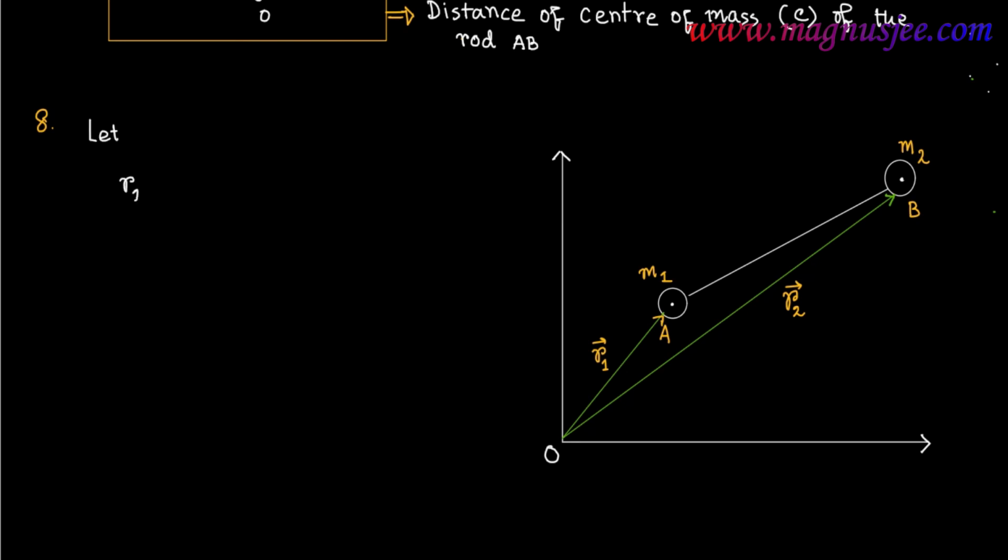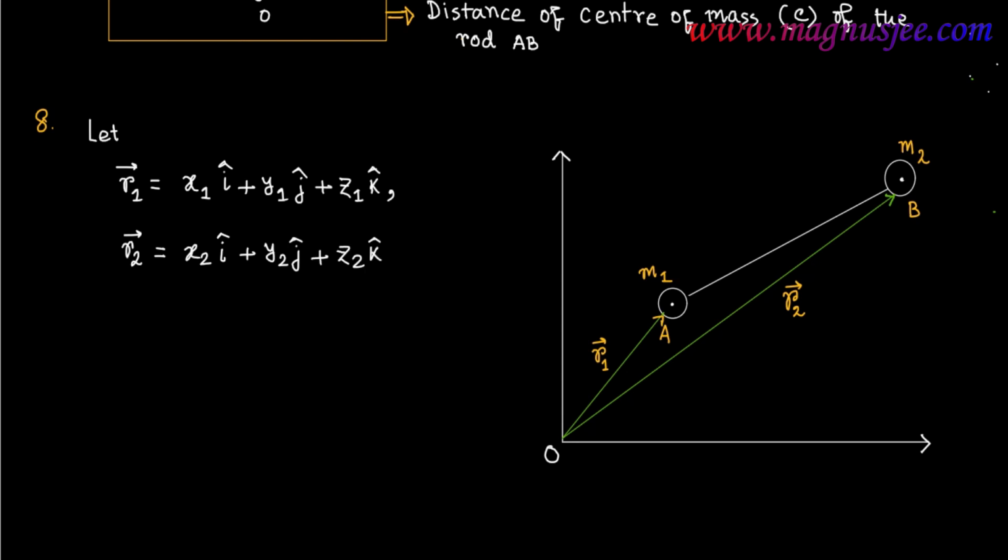Vector r1, the distance vector of the particle m1 from the origin, is x1 i cap plus y1 j cap plus z1 k cap, and vector r2 equals x2 i cap plus y2 j cap plus z2 k cap. These are the two position vectors of the two particles of masses m1 and m2 at A and B from the origin.